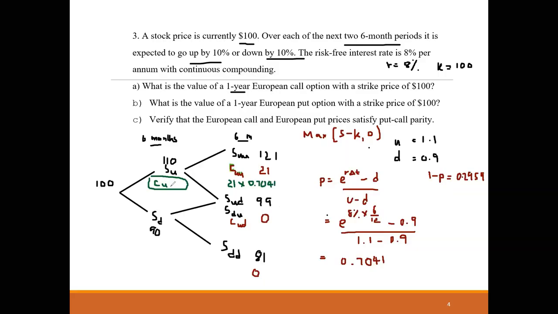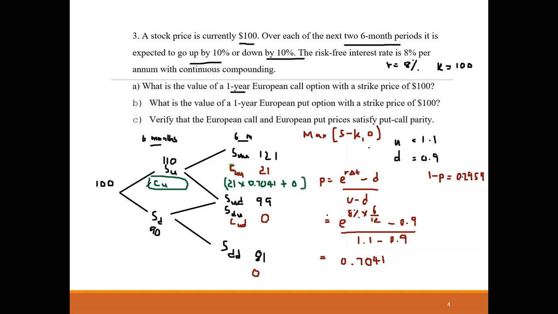This value depends on these two values, plus, if it goes down, the payoff multiplied by the probability of it going down. Here it would be 0, so you can ignore that part. This gives you the expected payoff.